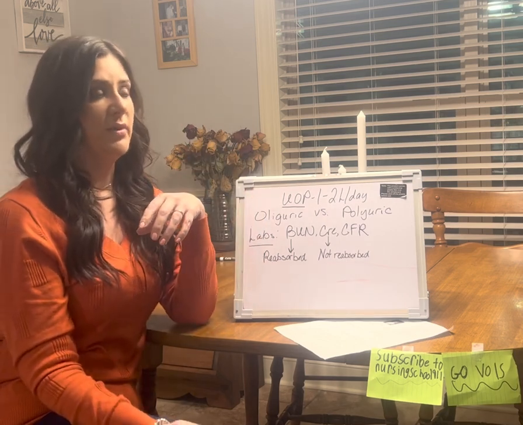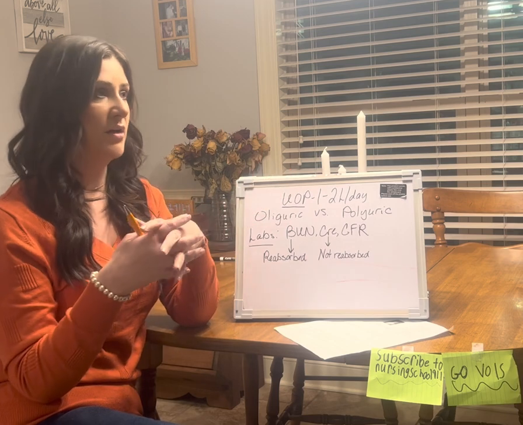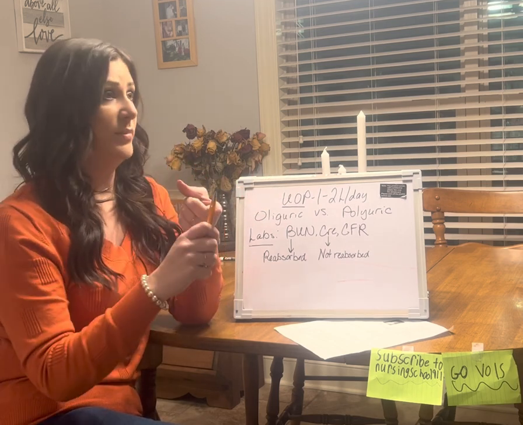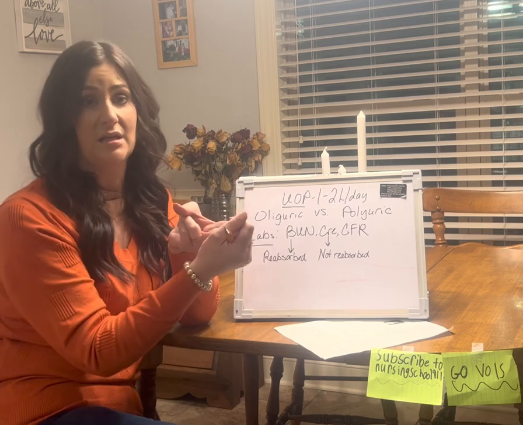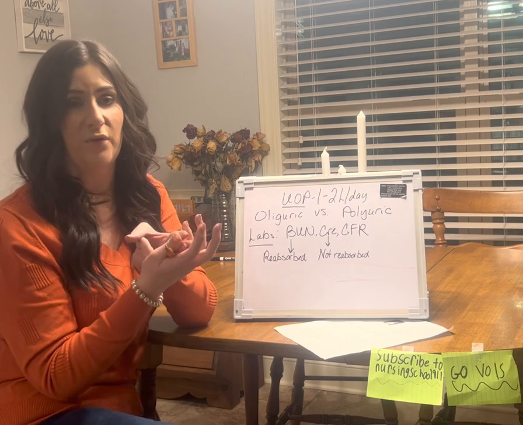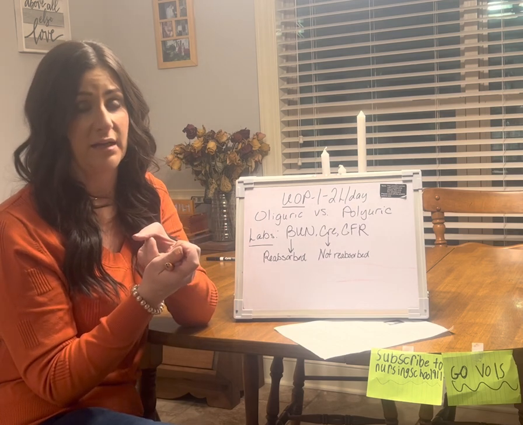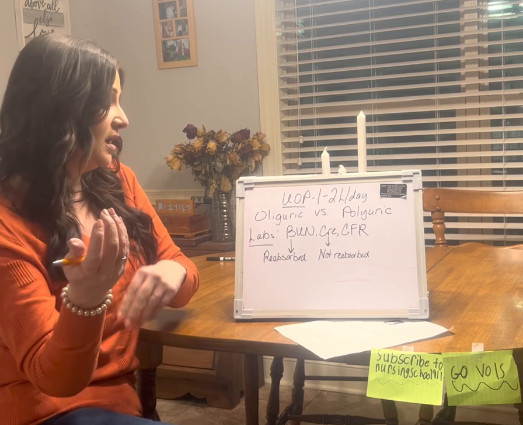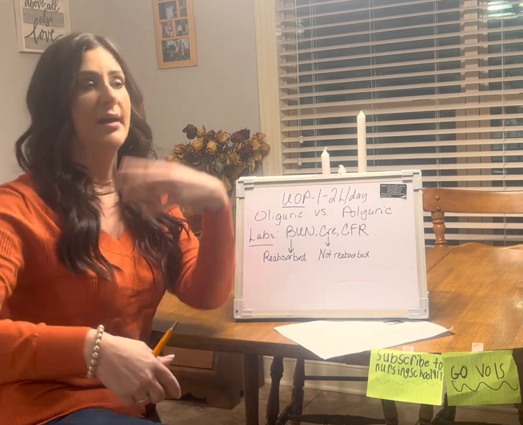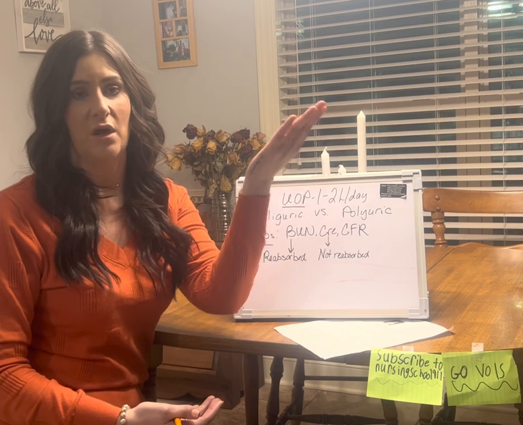And this is going to be all the manifestations of the electrolyte levels that are out of balance, the acid-base imbalances that we're going to see, the fluid volume overload that our patient is experiencing. And so uremia is going to consist of high urea levels also.